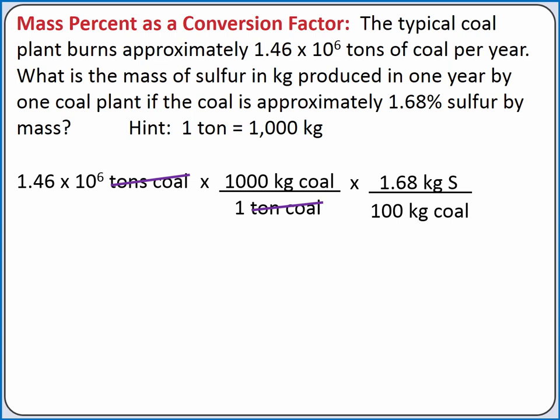For every 100 kilograms of coal, we have 1.68 kilograms of sulfur. Our units of kilograms of coal cancel out, and we're left with just kilograms of sulfur. Completing this calculation, we should get 2.45 times 10 to the 7 kilograms of sulfur.